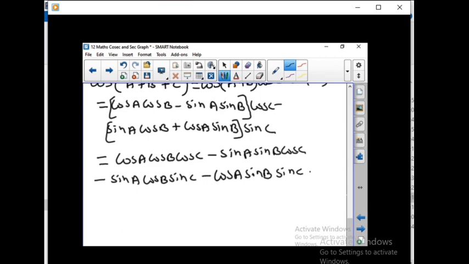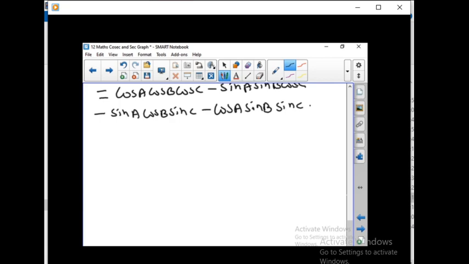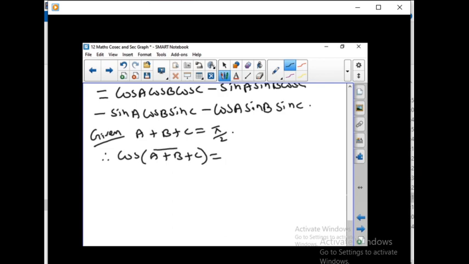So now we have to prove that cos A cos B cos C is equal to sin A sin B cos C plus sin B sin C cos A plus sin C sin A cos B. So given A plus B plus C is equal to pi by 2. So cos(A plus B plus C) is equal to cos pi by 2, which is equal to 0.